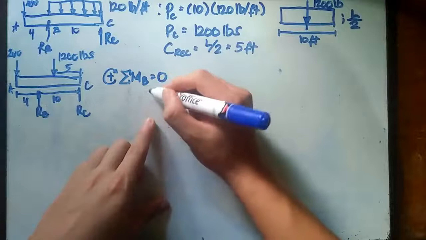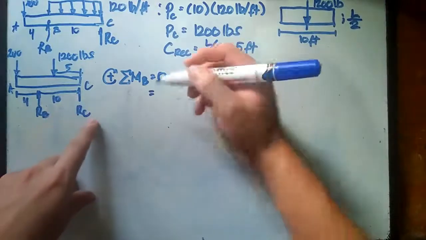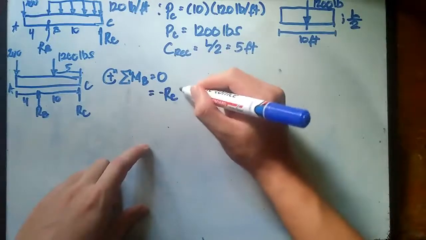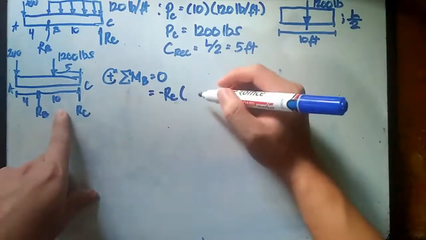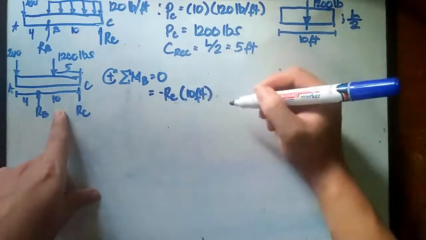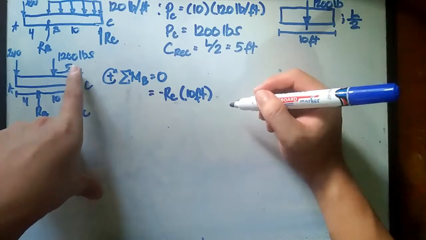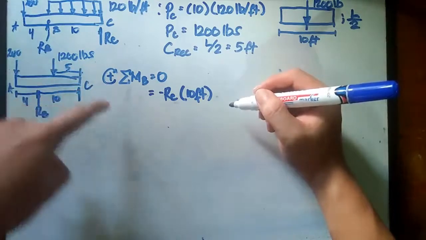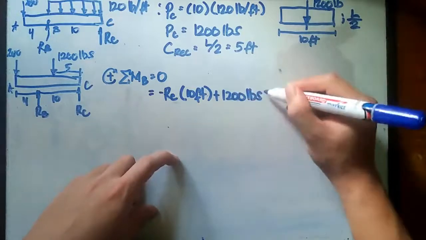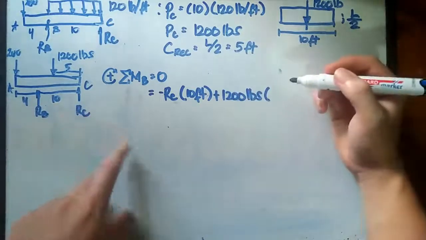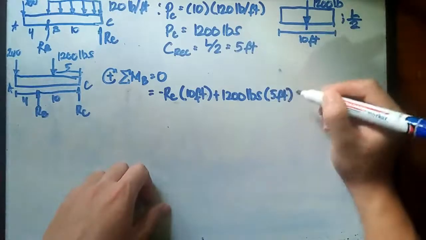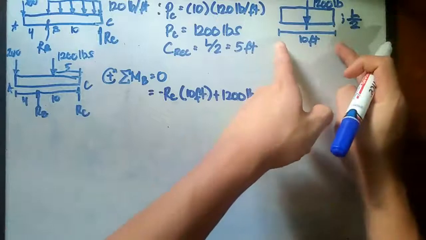So let's simplify. We have this R sub C going to rotate counterclockwise, so that should be negative R sub C multiplied by its perpendicular distance, 10 feet, and we have this 1200 pounds going to rotate clockwise, so that should be positive 1200 pounds multiplied by the perpendicular distance, which should be 5 feet, because it's half of the length of this rectangle.